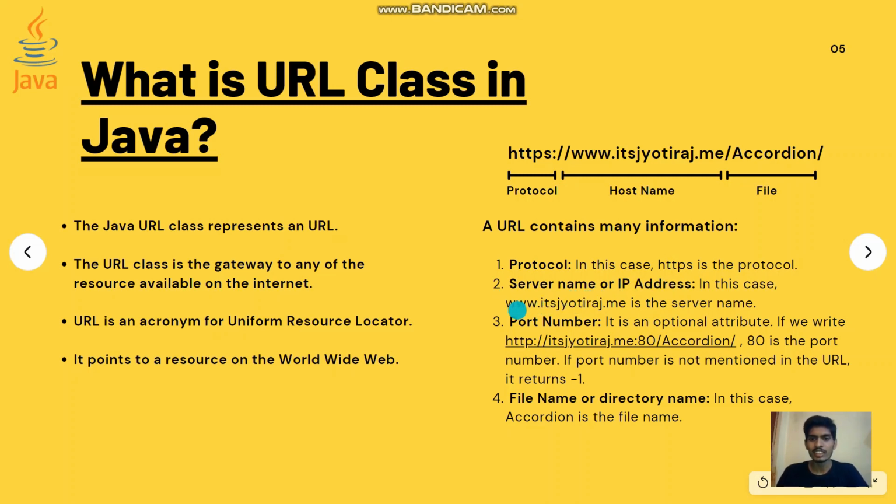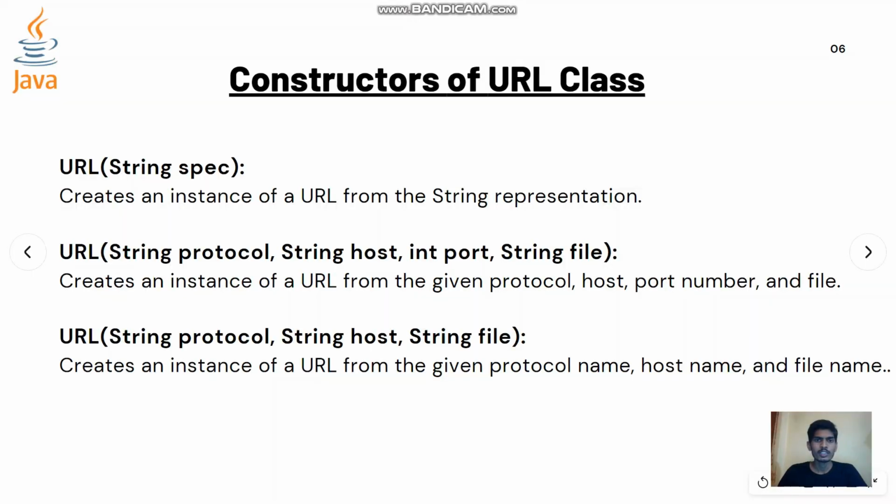Here the server name is www.itsjyotiraj.me. Port number. It is an optional attribute. If we want, we can write it. Like we can add a port number by inserting a colon and adding a number as shown here. And if it is not mentioned, it returns -1. File name or the directory name. In this case, it is the accordion.